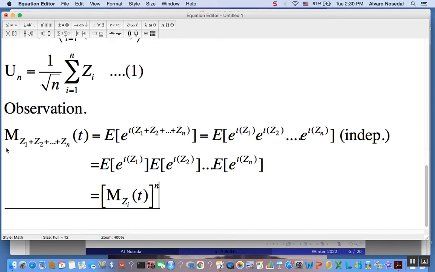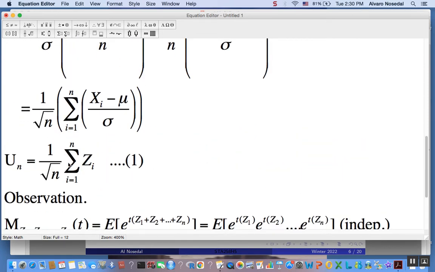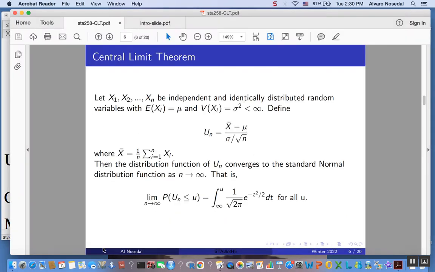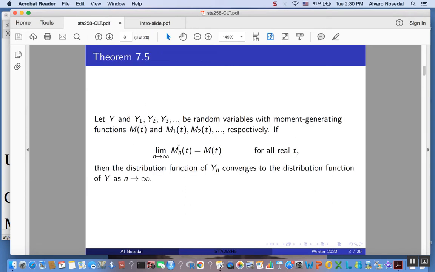Okay. Now note that we want the MGF not of the sum but of a constant times that guy, because what we said is we're going to be using that theorem 7.5 to show what we want.